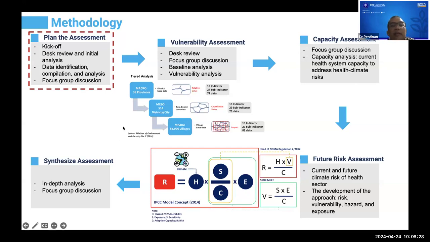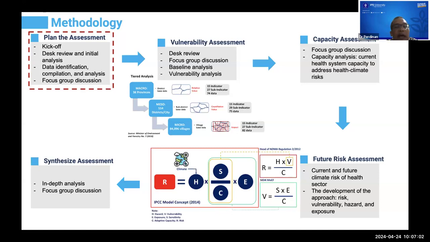One thing we also adopt is the guideline from the Indonesian National Focal Point on Climate Change, which is the Ministry of Environment and Forestry, on how to conduct climate risk assessment. So we consolidate based not only on the WHO framework, but also on what is already available in Indonesia, so we can advocate to the government not only from the international standpoint, but also from the national perspective.